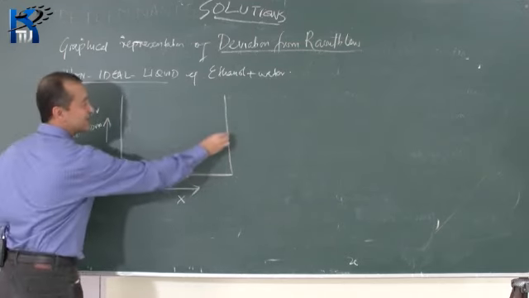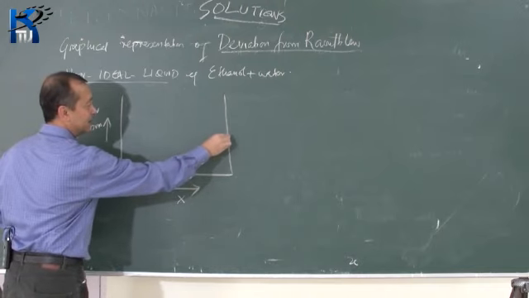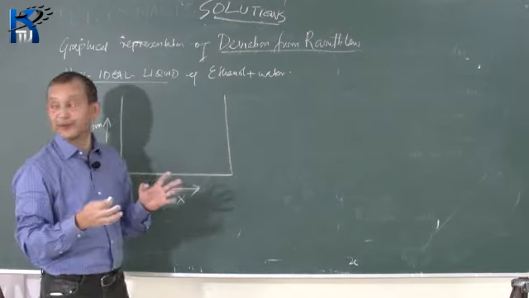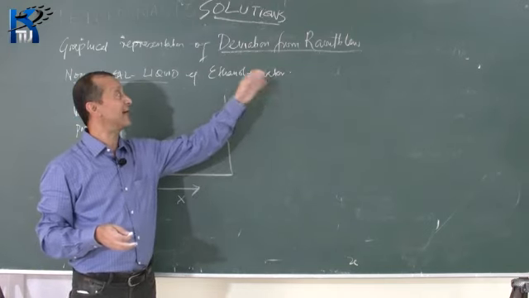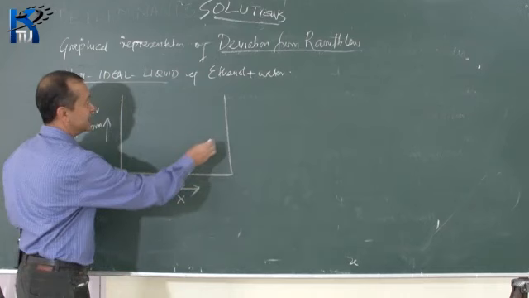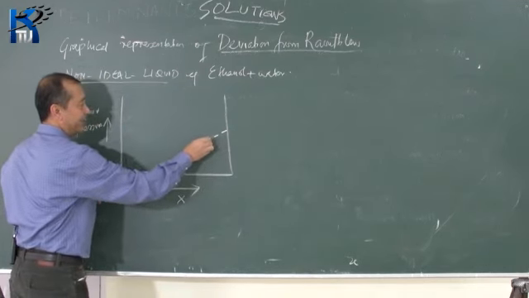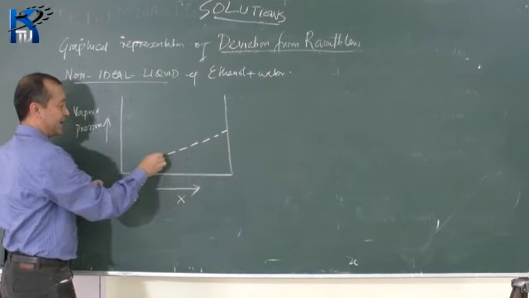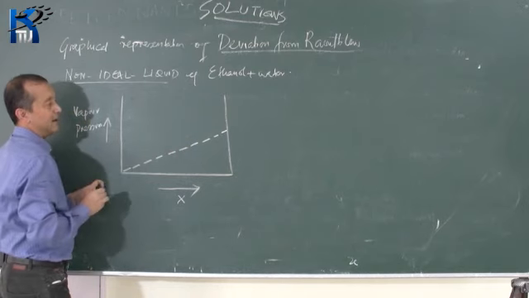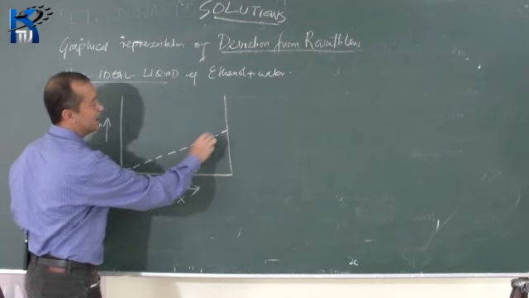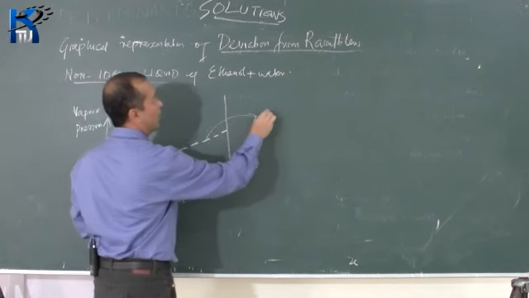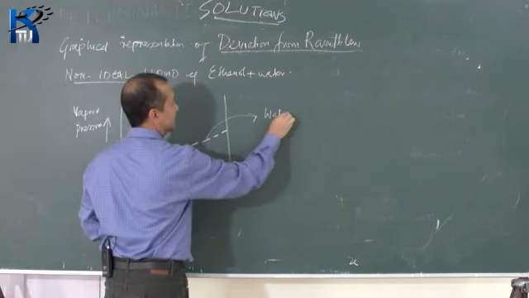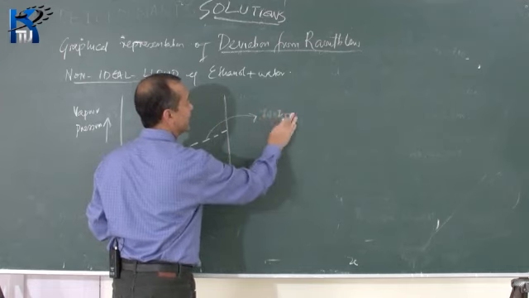Suppose there are two components, A and B. Instead of A and B, you have ethanol and water. So this will be the plot for, say, water.